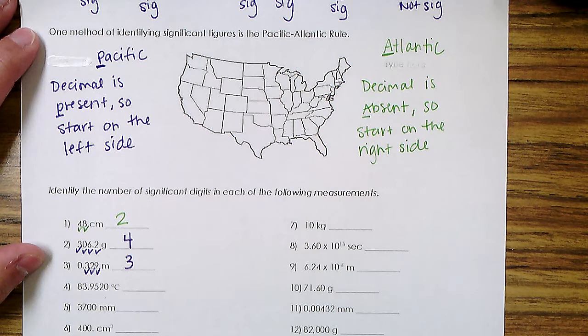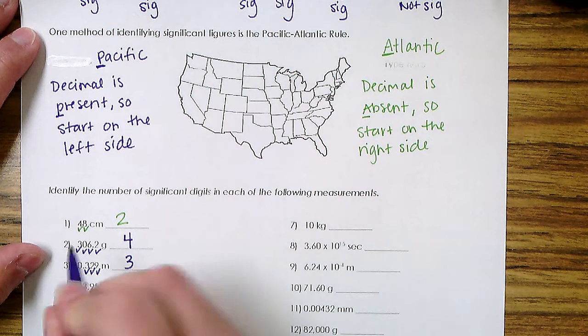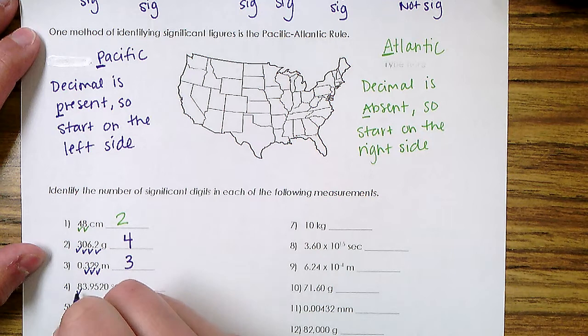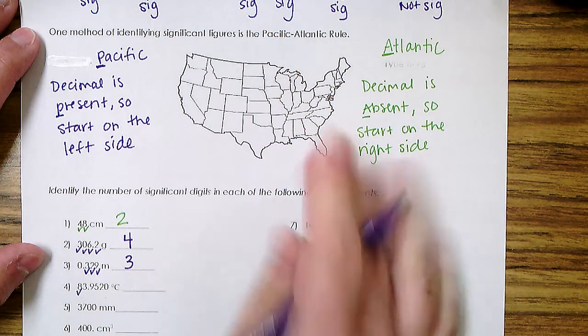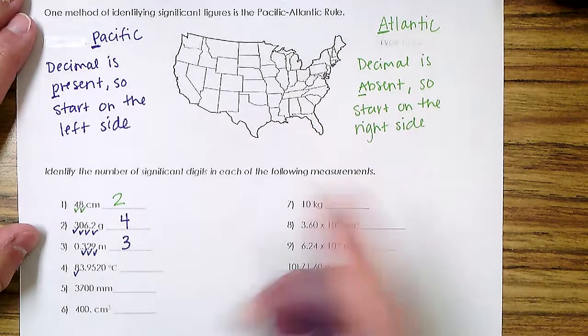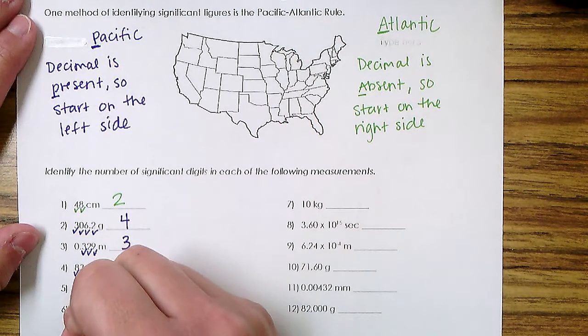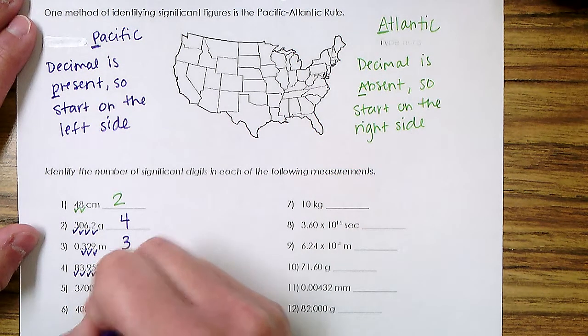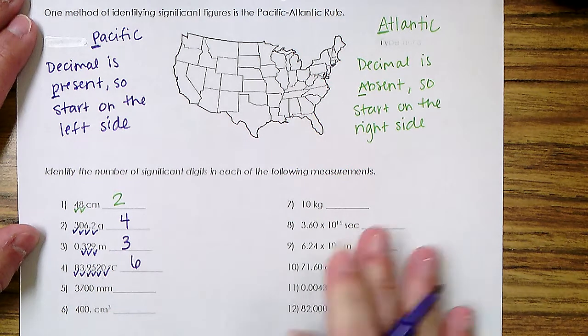Let's check out number 4 here. We do have a decimal, so the decimal is present. So once again, I'm going to use that Pacific rule, starting on the left side until I come to my first non-zero number. Well, 8's a non-zero number, so it's significant. Once I say yes that something's a non-zero number, then I'm going to say everything else in that direction is significant. So we got 1, 2, 3, 4, 5, 6 significant digits there.